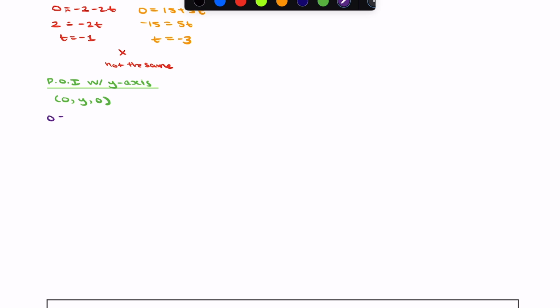Here we get 0 is equal to -9 minus 3t, and so t is equal to -3. And we get 0 is equal to 15 plus 5t, and that's equal to -3. And so we see that they are the same.